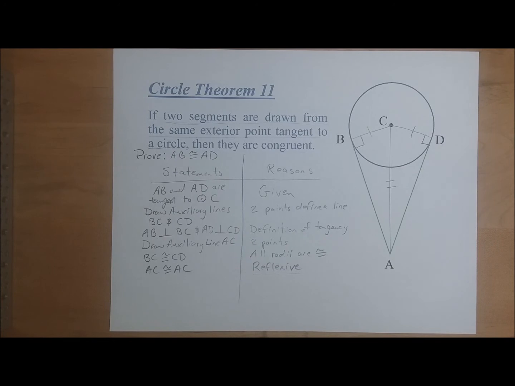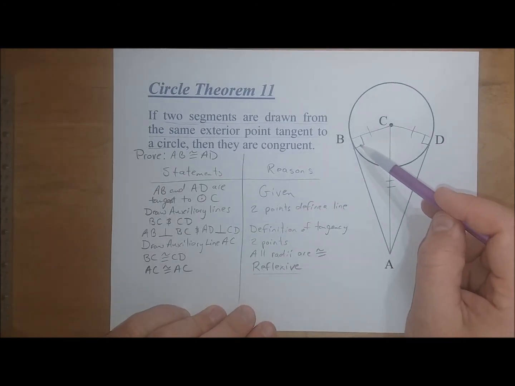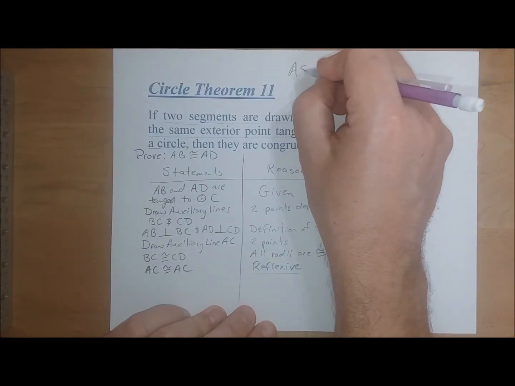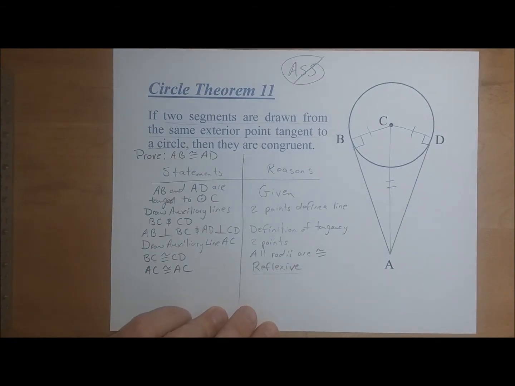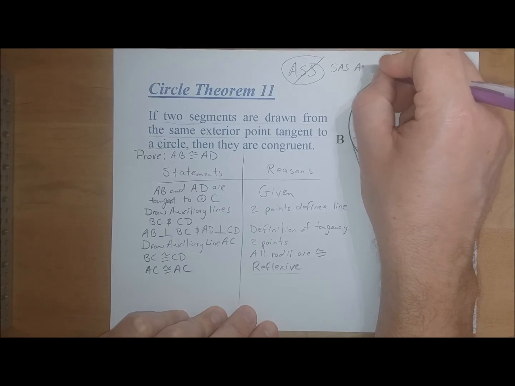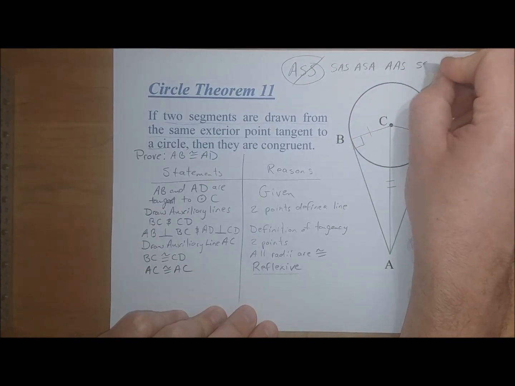Good. Okay. Now, you're probably looking at this and you're saying, hold on, Mr. Rogers, we can't use angle side side, right? That's that one thing that doesn't work for proving triangles congruent. We could use side angle side. We could use angle side angle. We could use angle angle side. We can use side side side.